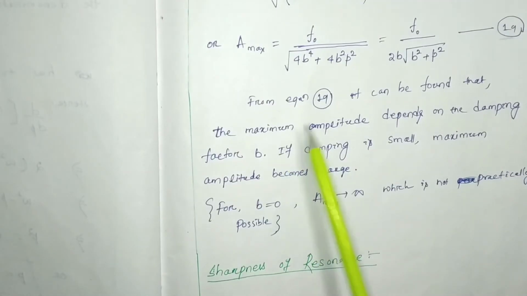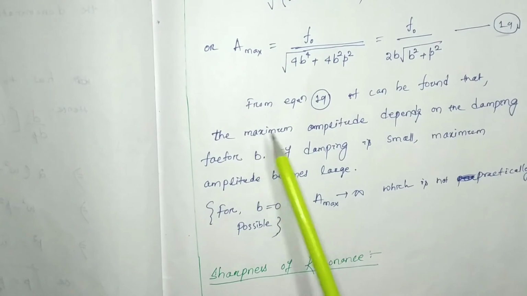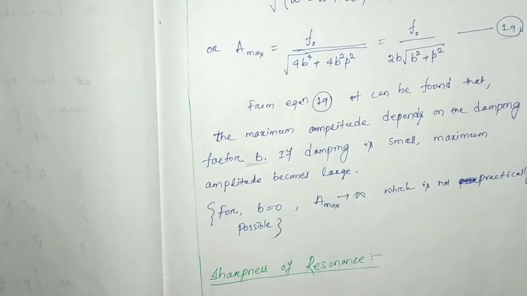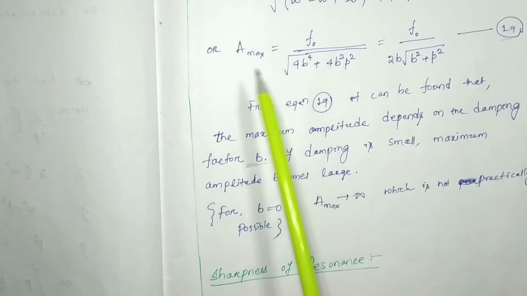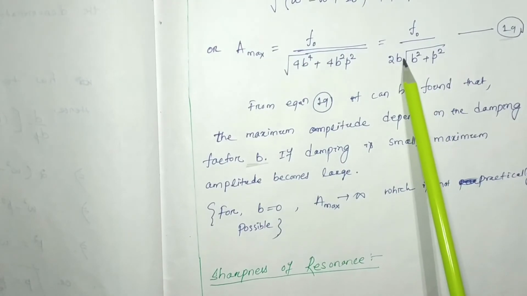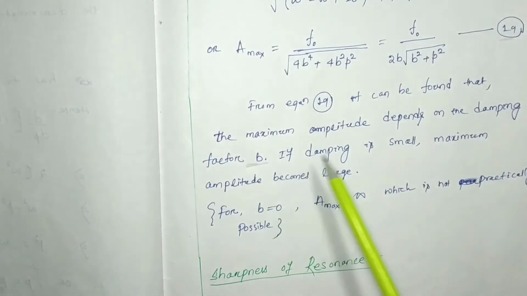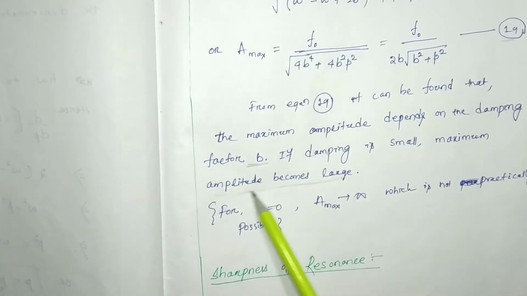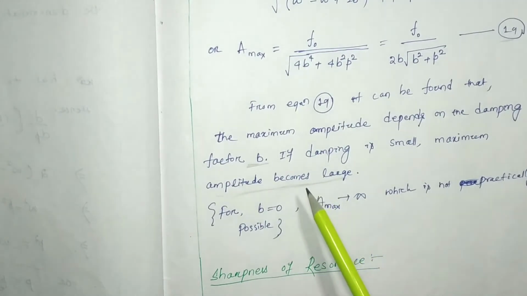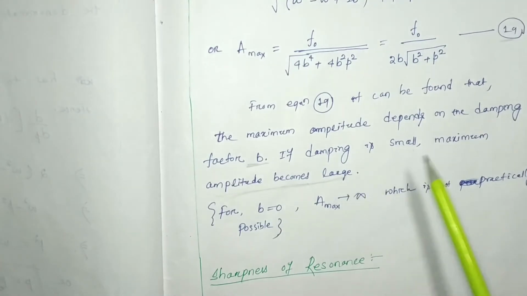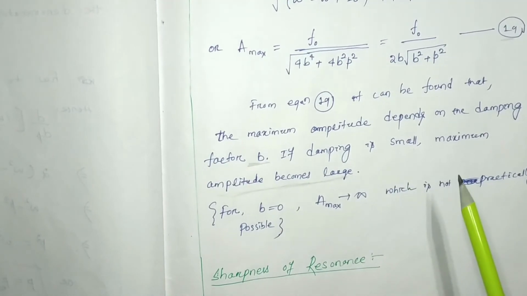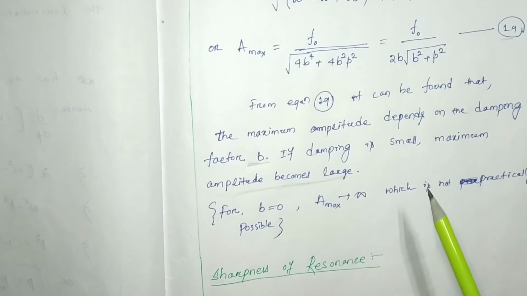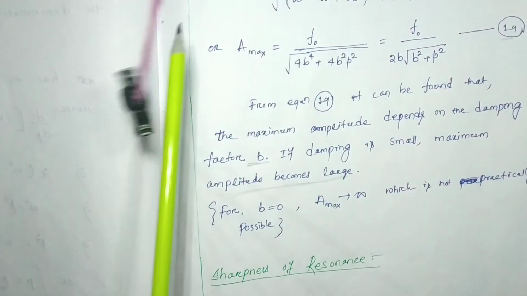From equation number 19, it can be found that the maximum amplitude depends on the damping factor b. If damping is small, the maximum amplitude becomes large. Suppose the oscillator is oscillating in an air medium, just imagine the resistance or damping.